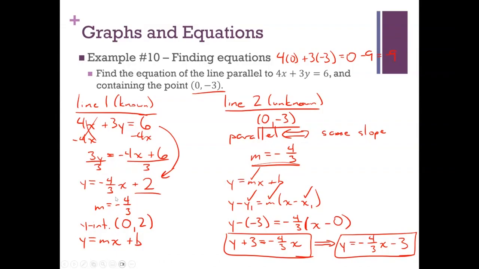Now from this form, I know the slope is negative 4/3. I also know these lines are parallel, so once I found that slope, I have that one too. And then the other piece of information I was given from the start was this point (0, -3) is on that line. Once you have a slope and a point, you have enough to find the equation.